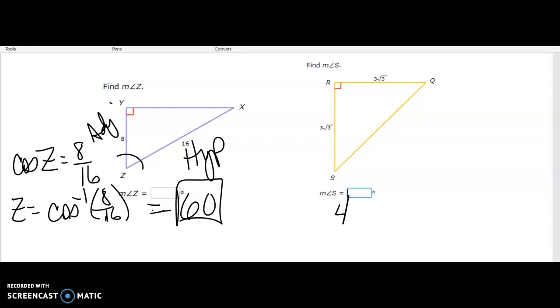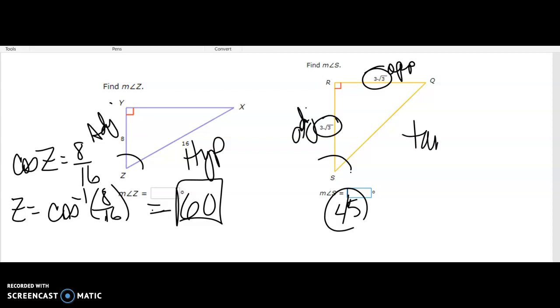I know this answer is 45, because if these two legs are the same, then it's a right isosceles triangle. And if it's a right isosceles triangle, then the angles have to be 45, but I'll set it up in just a second. Okay, so we're finding angle S. This is adjacent. This is opposite.